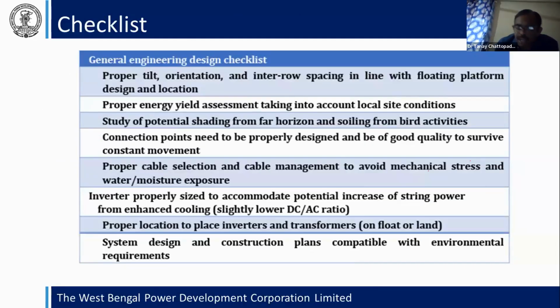If we increase the tilt angle, then the wind load increases, the mooring cost will be increased, and it will be unstable. For the optimum condition, we have to consider this for designing the floating solar power plant.